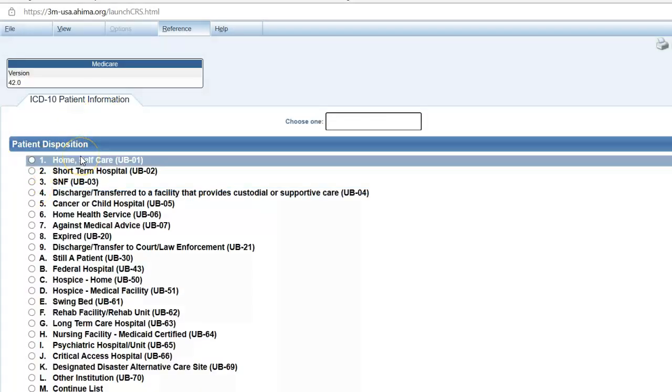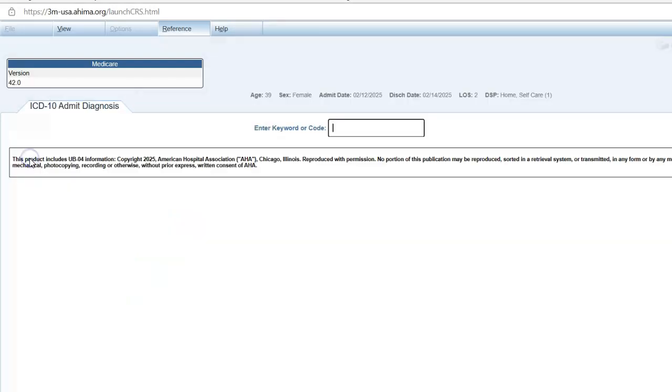Patient disposition is just where the patient went when they left our facility. So when we discharged her, she went home. So we're going to hit 1. Okay, admit diagnosis. Again, remember, this is just a placeholder. You can put the same code as the principal diagnosis. You can put a chief complaint. You can put the principal diagnosis here, and then again, principal diagnosis in the principal diagnosis spot.